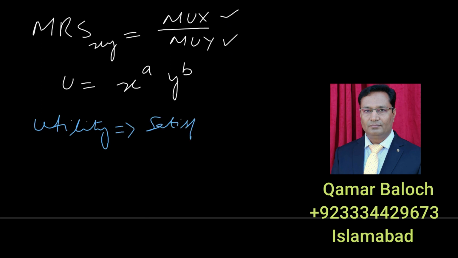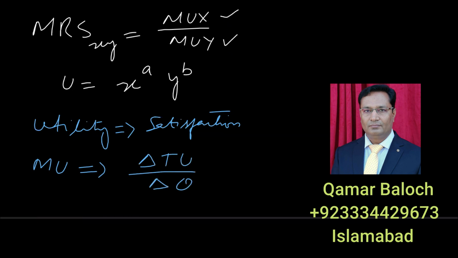For example, if you drink a glass of water, it gives you some satisfaction, and that satisfaction is known as utility. So marginal utility is the additional utility that we obtain by using one additional unit of a product. And it is calculated as simply change in total utility divided by change in quantity. Delta sign shows change.